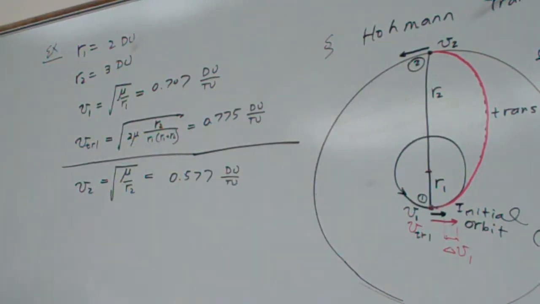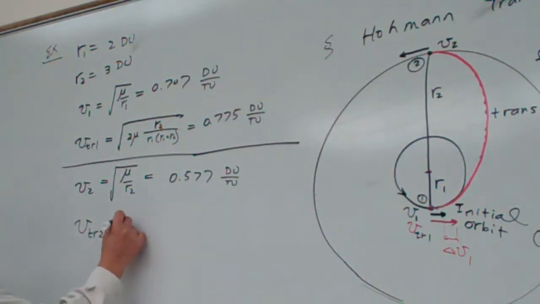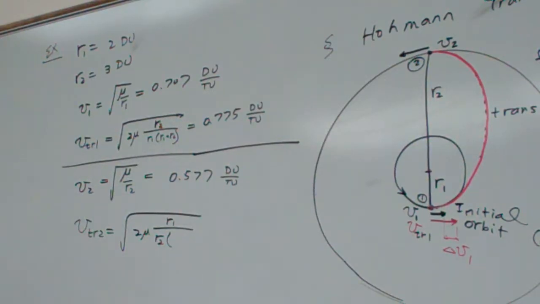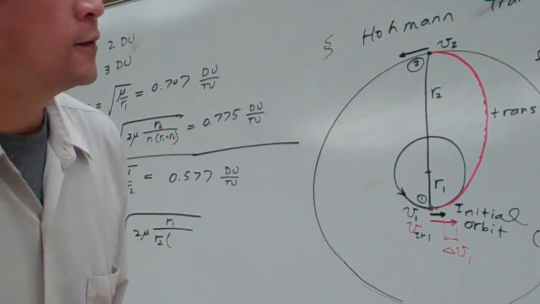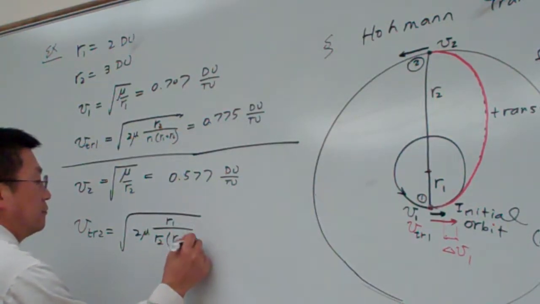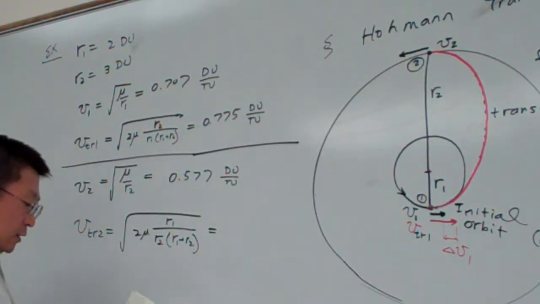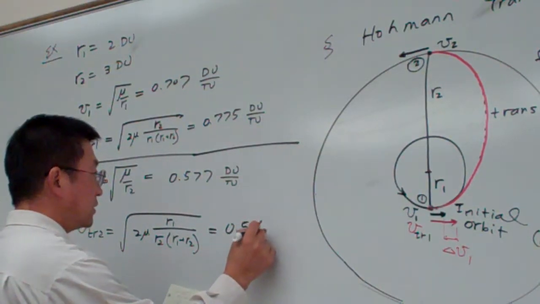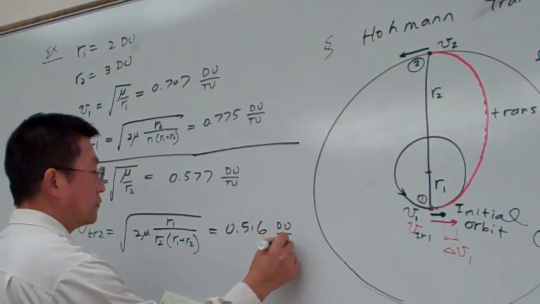Okay, and now we continue with VT at R2. That is the square root of 2 mu R1 over R2 times the sum, so that one equals 0.516 DU/TU.